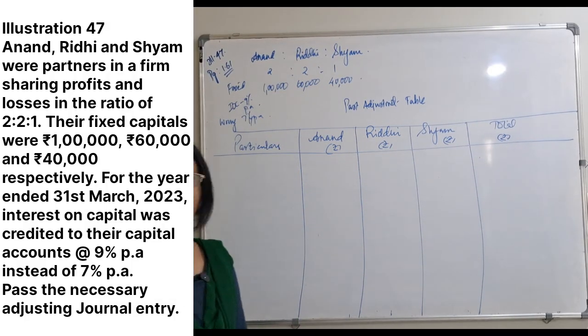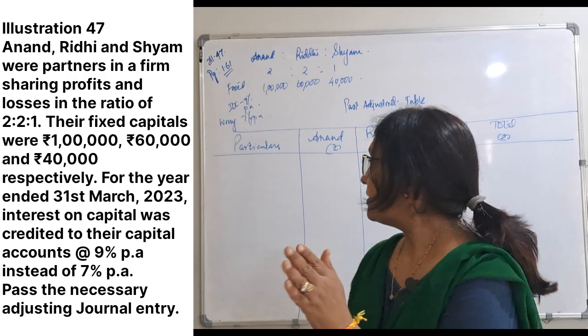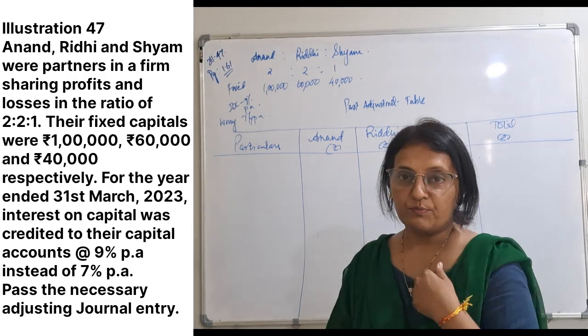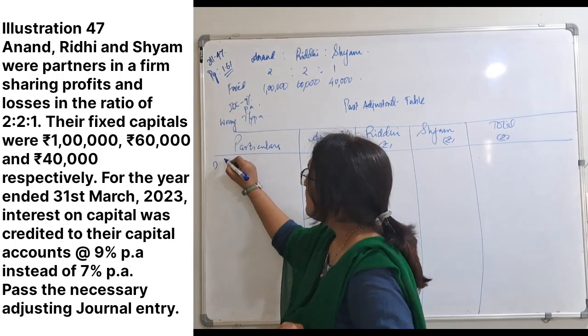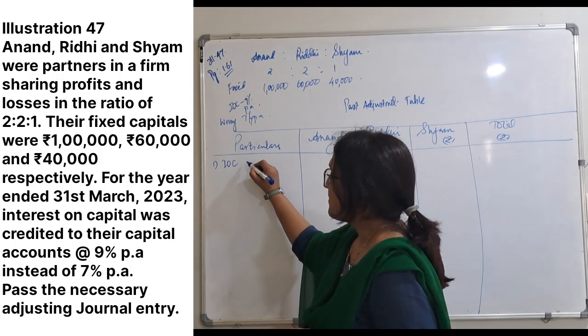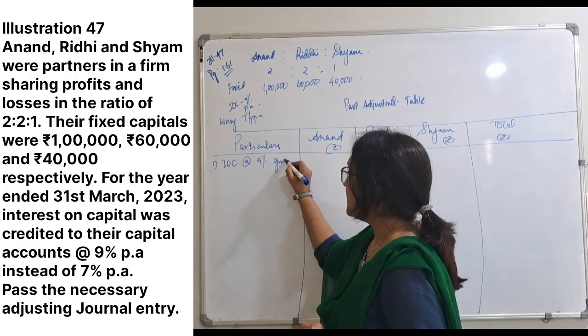First thing, what wrong have we done? The mistake is that we have given interest on capital at 9%, given wrongly.